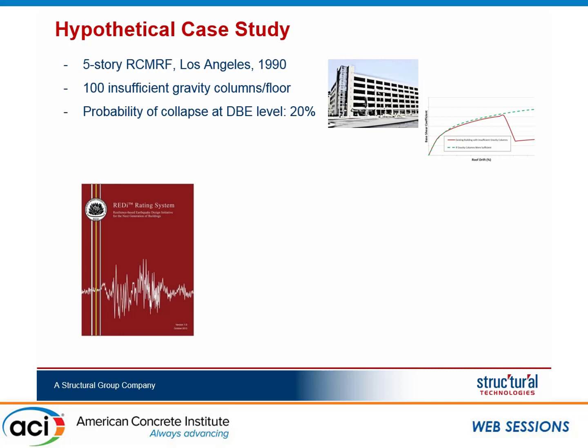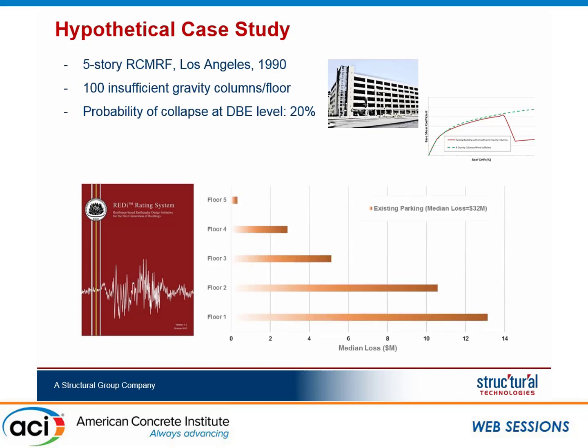They allowed me to use their platform to populate an example with the information of this building. And what we came up as a result was the median loss for such a building would be about $32 million.